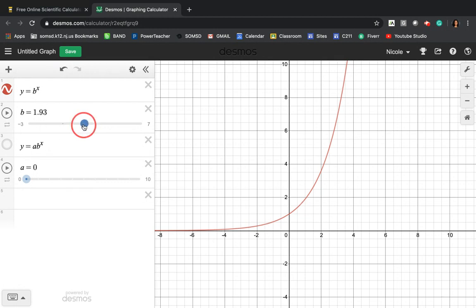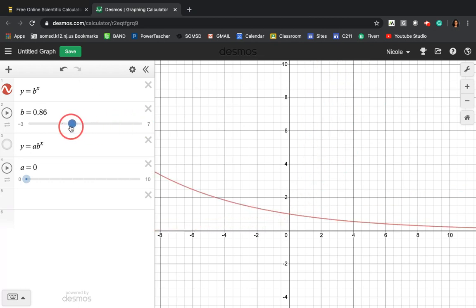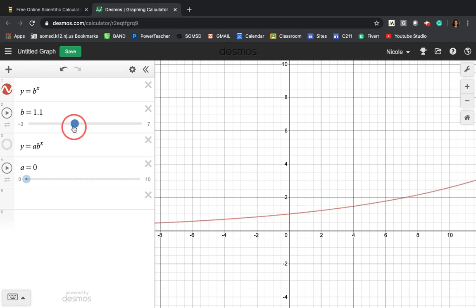But then as it grows quicker, it grows at a larger, more exponential rate. It shoots up like a rocket. Versus when we were here, whoop, whoop, whoop. This is more like a plane going off, not like fireworks, right? So here's like a plane, here's like straight up fireworks going up to the sky.